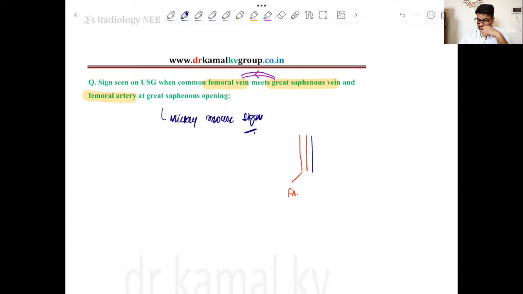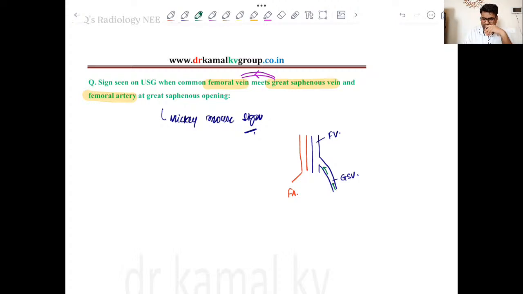And the great saphenous vein drains into the femoral vein.